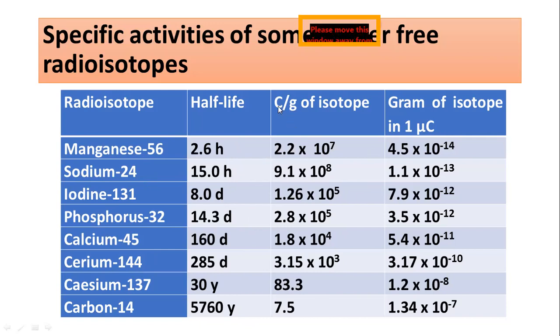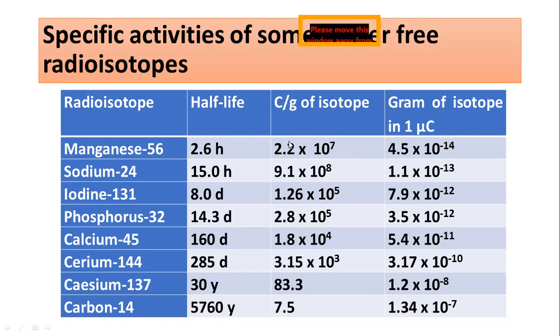If you want to get this value, first convert into microcurie. So this would be 2.2 exponent 7. Now multiply by exponent 6. That will give you the microcurie per gram. And when you reverse this one, 1 divided by all these factors, this will give you the value 4.7 exponent minus 14. This is the gram per microcurie.